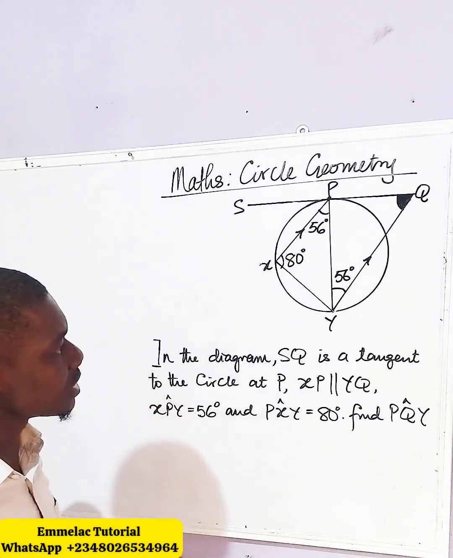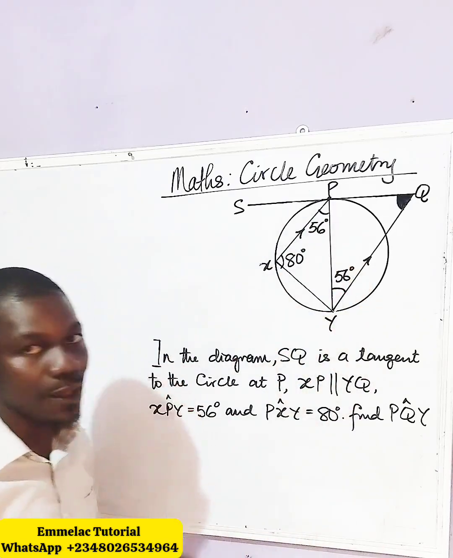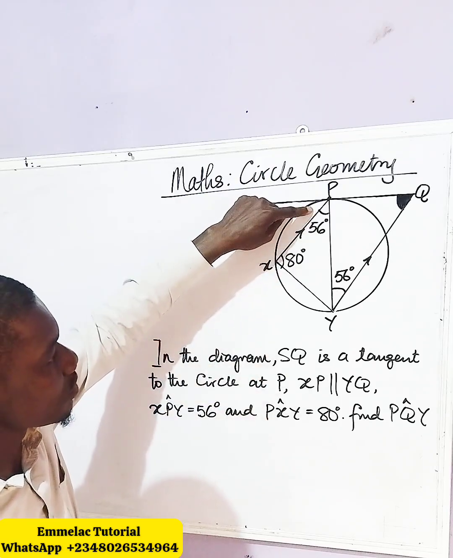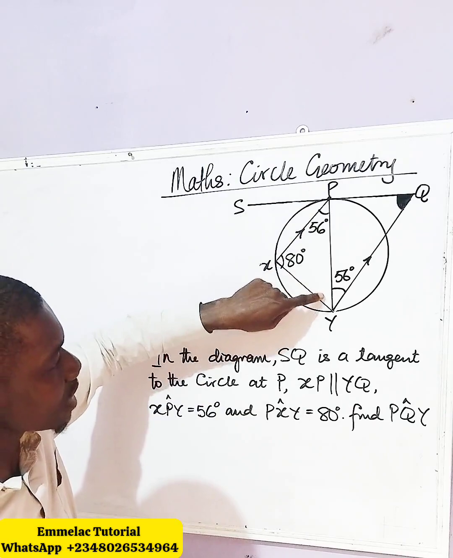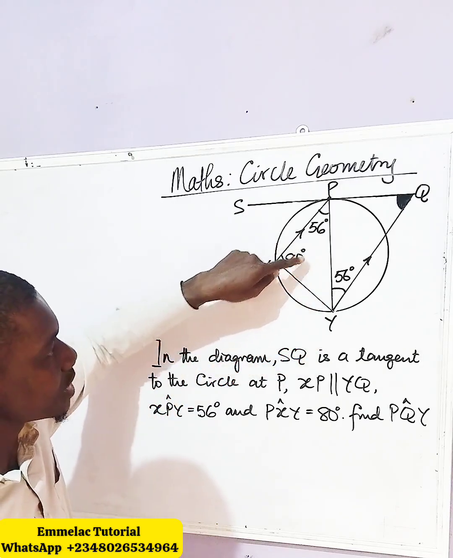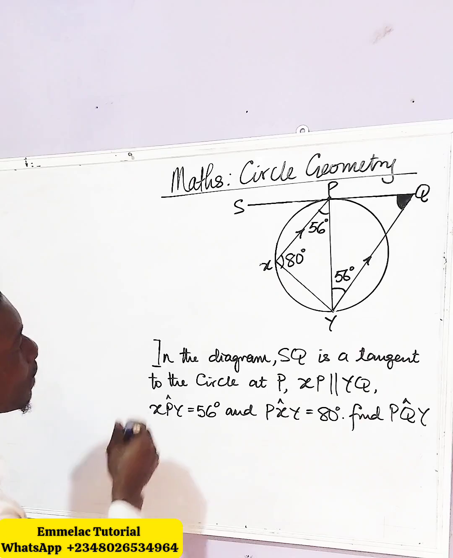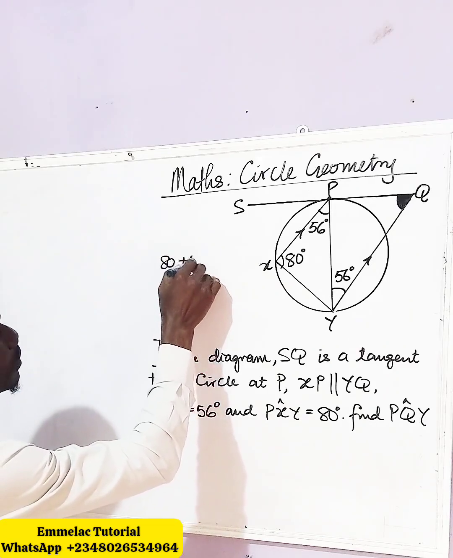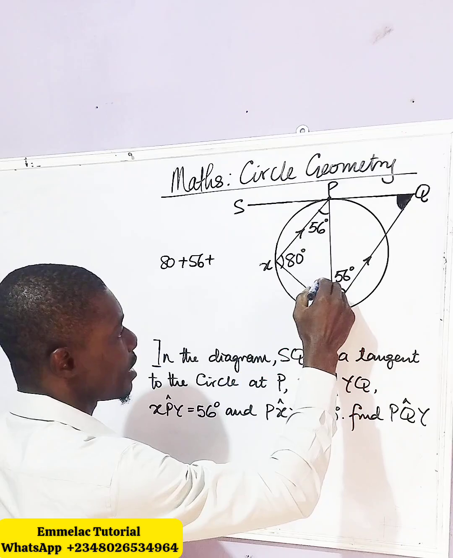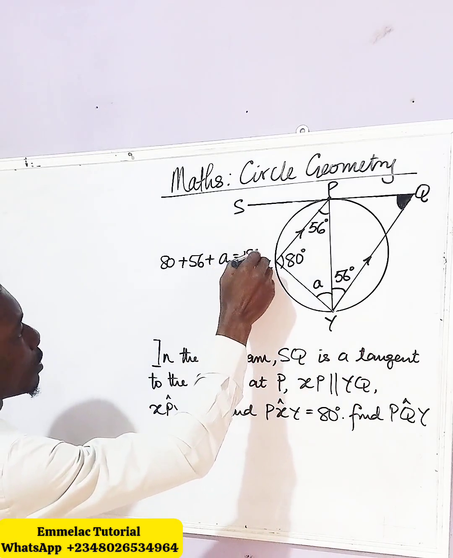So how then do we get that? What we need to do now is consider this angle here, which should be the same as this angle. However, we don't know this angle, but because 80 and 56 are known angles, we can say 80 plus 56 plus, let's call this one A, equals 180.